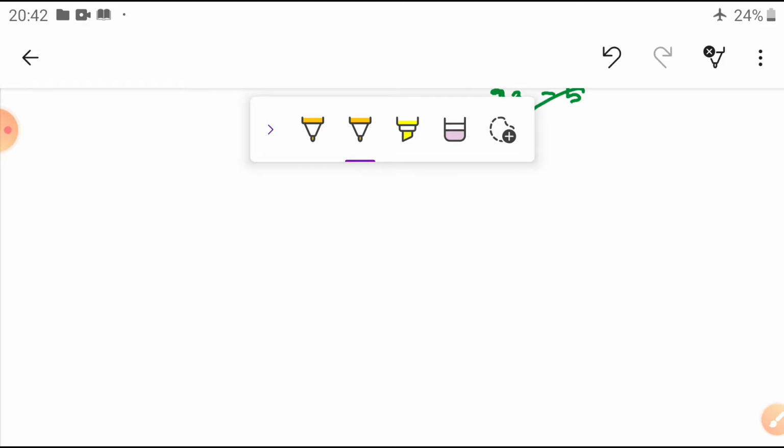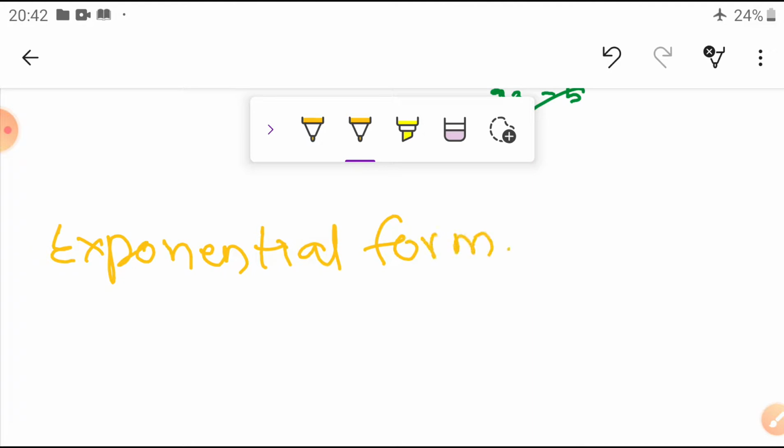Now, exponential form. V1 is equal to, whatever the value given, we convert into exponential, V1 e to the power of j alpha, which we can take as a.